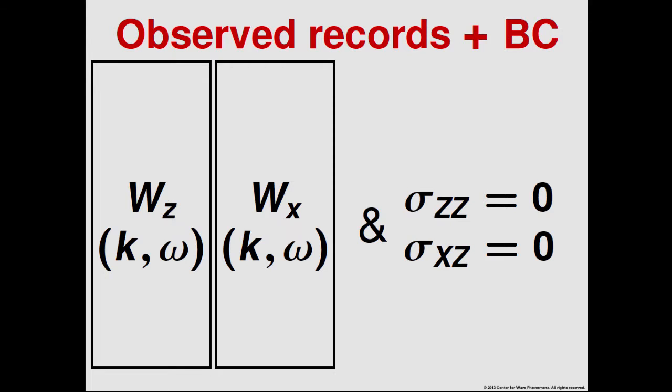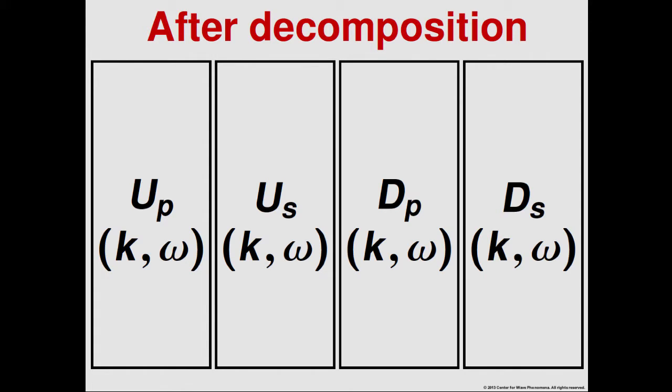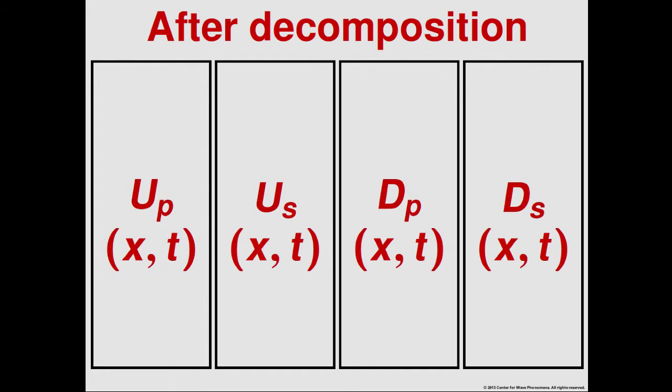Also, Wz, Wx, sigma zz, and sigma xz can be written as the summation of the upgoing and downgoing P and S waves, so these are equivalent to four equations. We can use these four equations for solving upgoing and downgoing P and S waves. These are still complex values in the wave number-frequency domain. Finally, we convert these wave fields into the space-time domain by using inverse Fourier transforms.